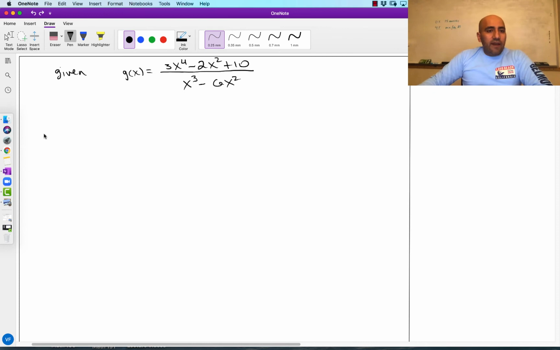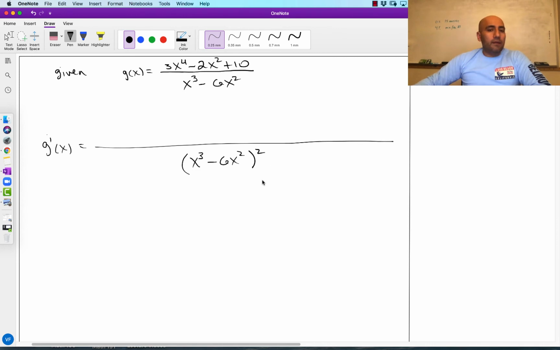Okay, so now let's find the derivative using the quotient rule. That means that g prime of x is going to be equal to this big fraction. The bottom part's easy. That's going to be x cubed minus 6x squared.